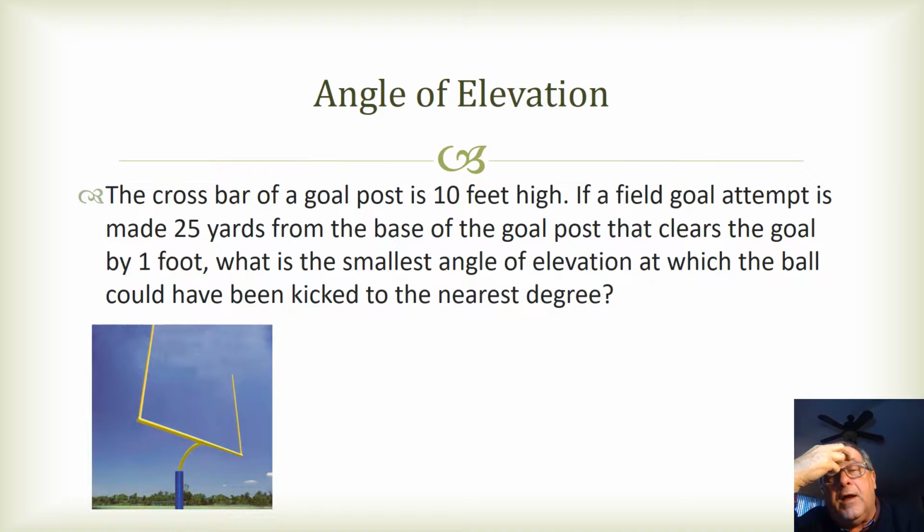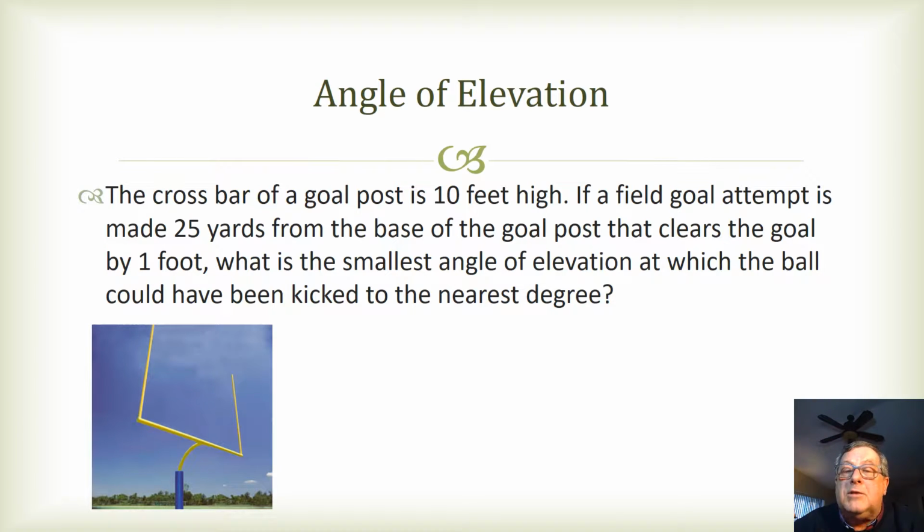So angle of elevation is the line of sight above the horizontal line, and an angle of depression is the line of sight below that horizontal line.